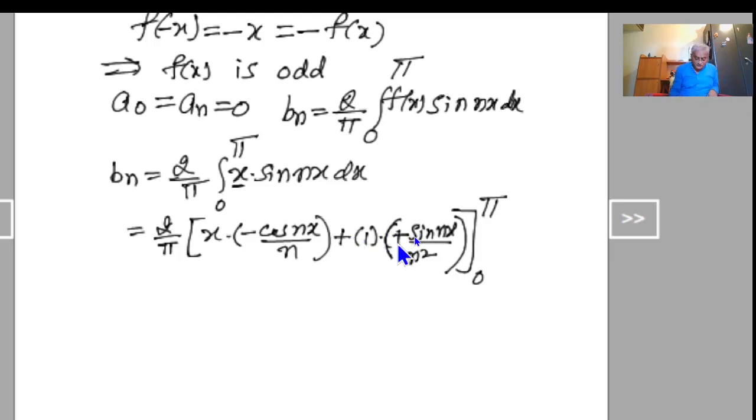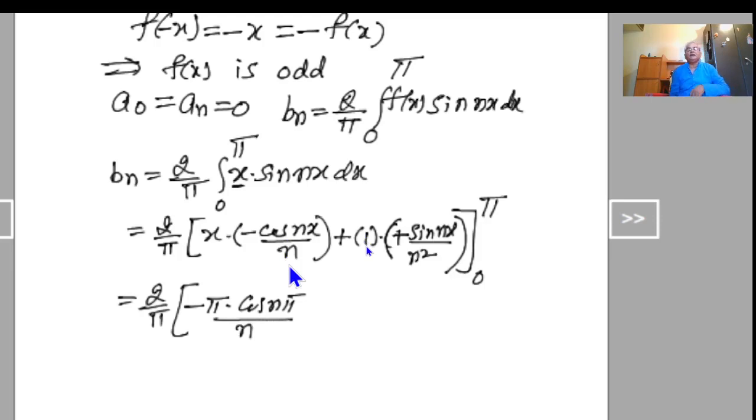Now substituting the limits, this is equal to 2 by pi, substituting the upper limit pi. If I substitute here, negative sign is there, that's minus x; in place of x, I have to write pi cos n pi divided by n, plus sine of n pi becomes 0. That is, the second term is 0. This is the upper limit. Coming to the lower limit, put x equal to 0. As x is here, this whole term becomes 0, and here sine is here, this whole term becomes 0.